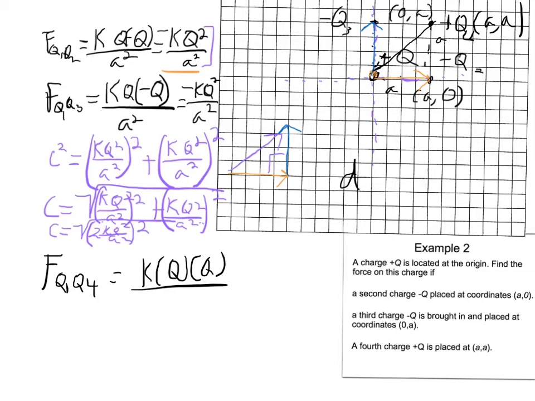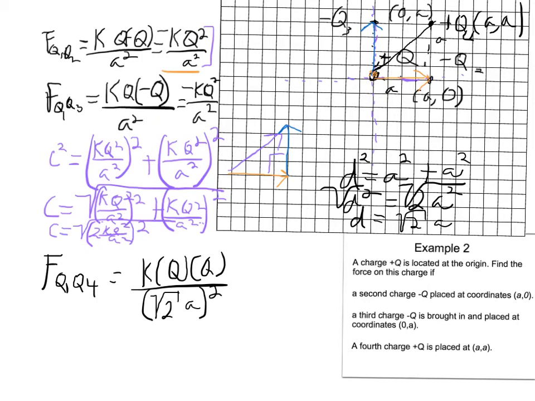Our distance squared will be a squared plus a squared, which would be d squared equals 2a squared. Take the square root of both sides. You get d equals the square root of 2 times a. So that's our distance, the square root of 2 times a.